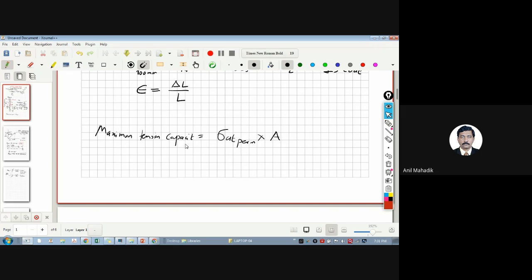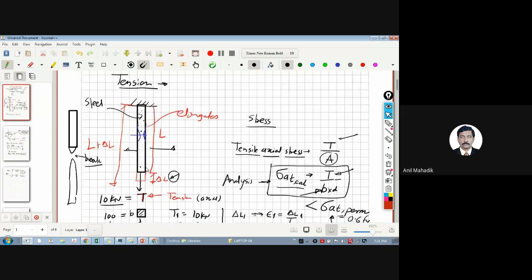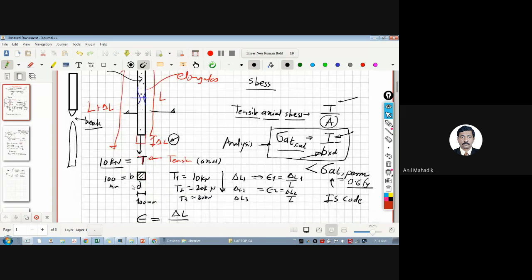So you will get the tension capacity of that member. If I ask you the capacity of a 100 mm by 100 mm rod, how much tension force will it carry?